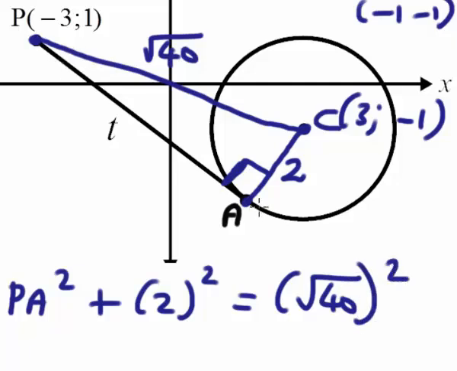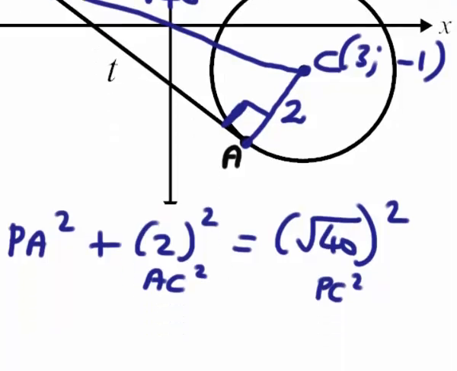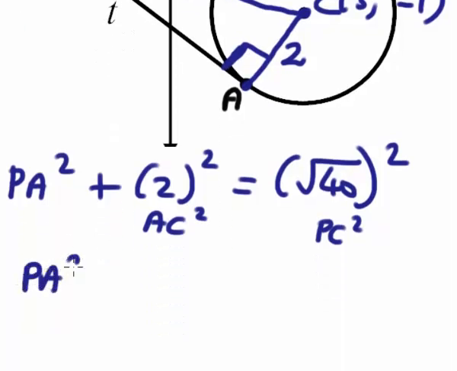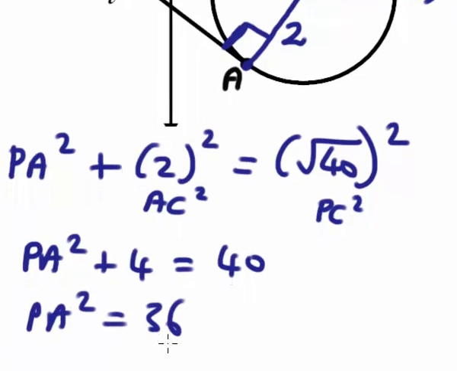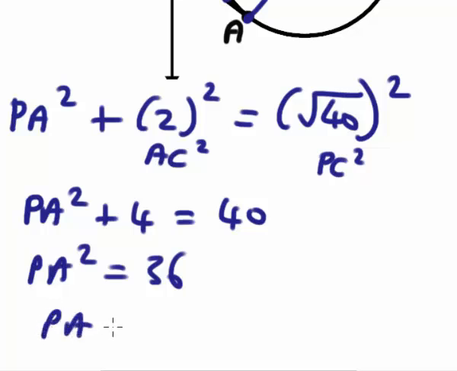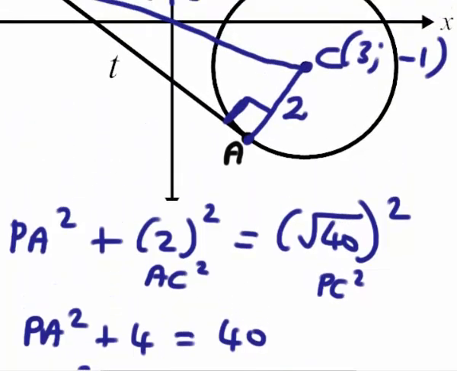So PA squared plus AC squared, remember, this is AC squared, and that's PC squared there. Then it's easy to work out: PA squared plus 4 is 40. The root vanishes. PA squared is 36, and if you square root, the length of the tangent would then, of course, be 6 units. What a pleasure.